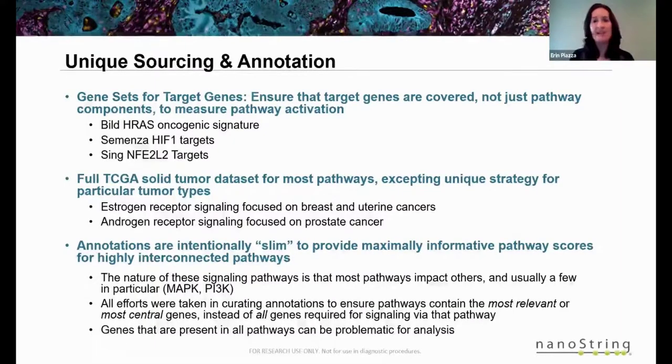The problem with that is that if any of those genes are up or down regulated and they touch a number of different pathways, you may get spurious or less specific results for certain pathways of interest. And so we took efforts to, again, slimline these pathways to ensure that the genes in each were the most central and the most relevant to make sure that your pathway analysis results in the end are going to be extremely informative.